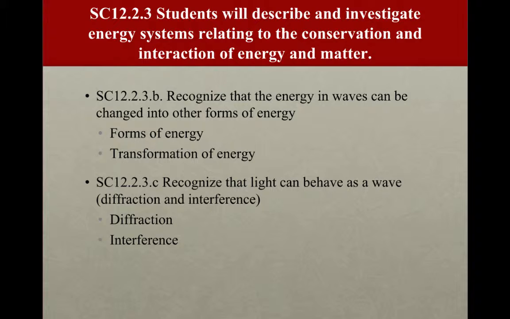So something that will bend a wave is like a prism. So light goes through a prism and gets bent, and that's why you see the rainbow of colors on your wall, is because the light is getting bent. The different wavelengths bend at different angles, and so it separates the different wavelengths. So that is one example of how light behaves as a wave.